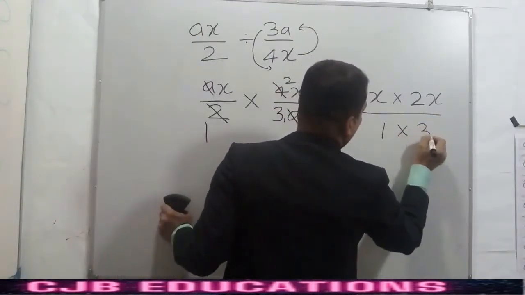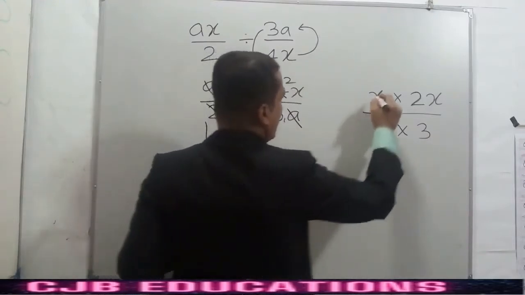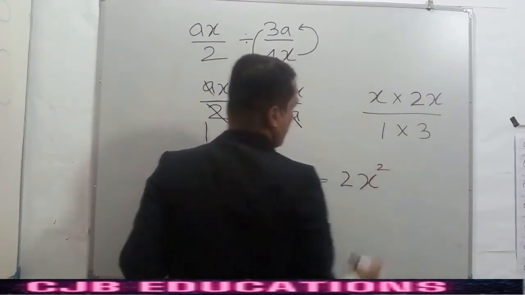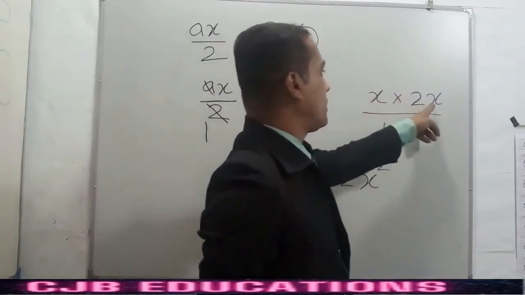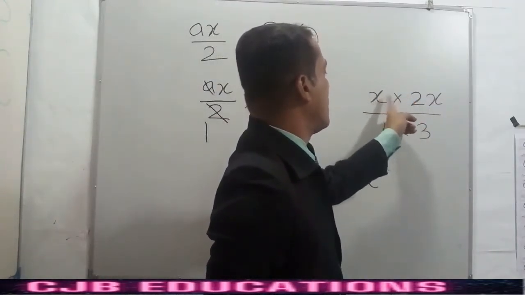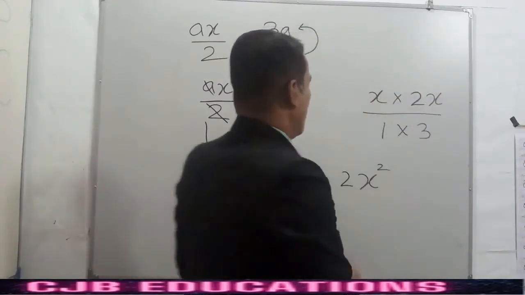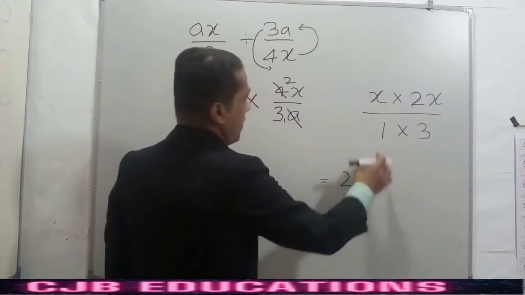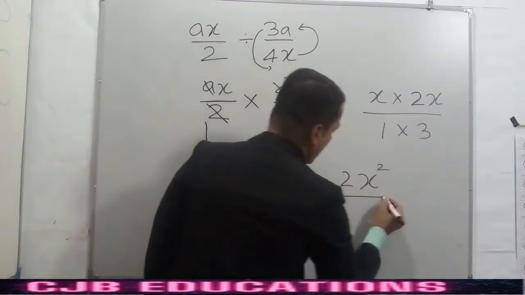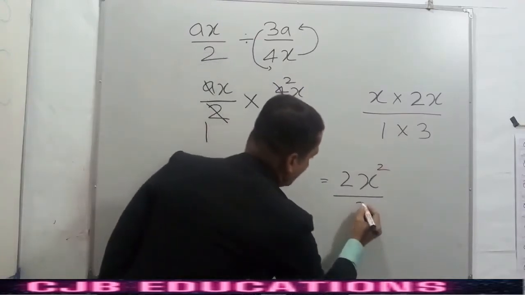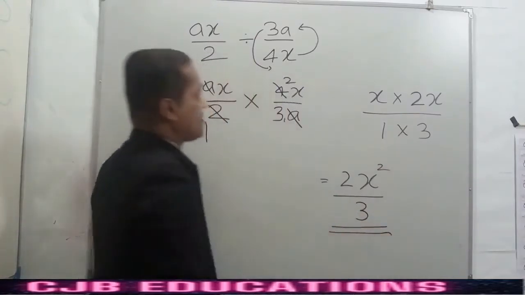Then the numerator is 2x square. x multiplying by 2x, x with x, and we come to x square. And 2x square divided by 1 times 3 means 3. This is the correct answer.